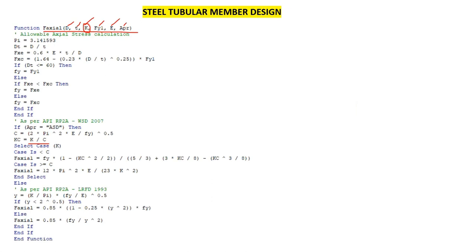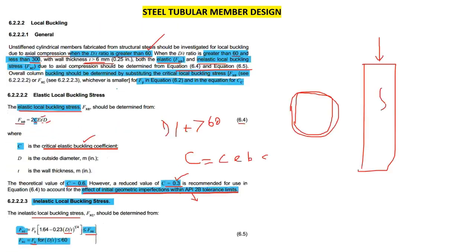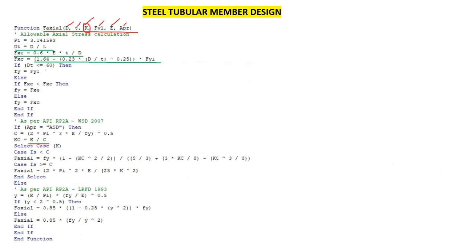So here, for the axial stress, you see the D/t ratio, diameter, Fxe: that is 0.6 E t/D, and Fxe is this 1.64/23 D/t. These values are given here, 1.64/23 and 2 Cet. These values and all we are putting in the VB macro. So we will see first whether D/t is less than or equal to 60.